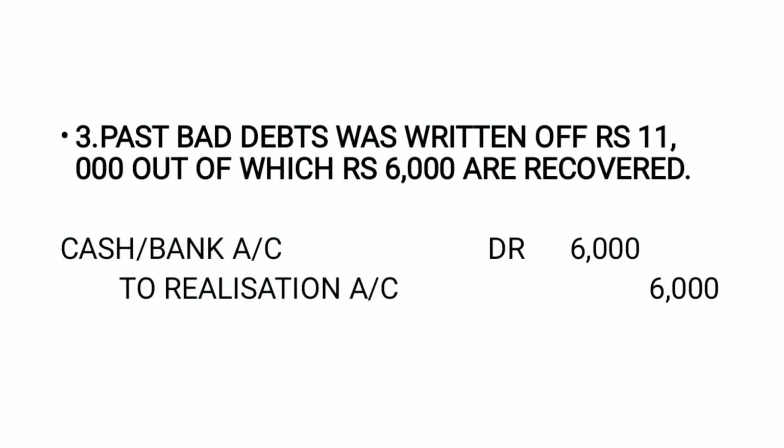Right now the amount is realized. So whenever anything is realized, the journal entry is cash and bank account debit 6,000 to realization account. So there does not arise any question to close down this account and then write the journal entry for realization.